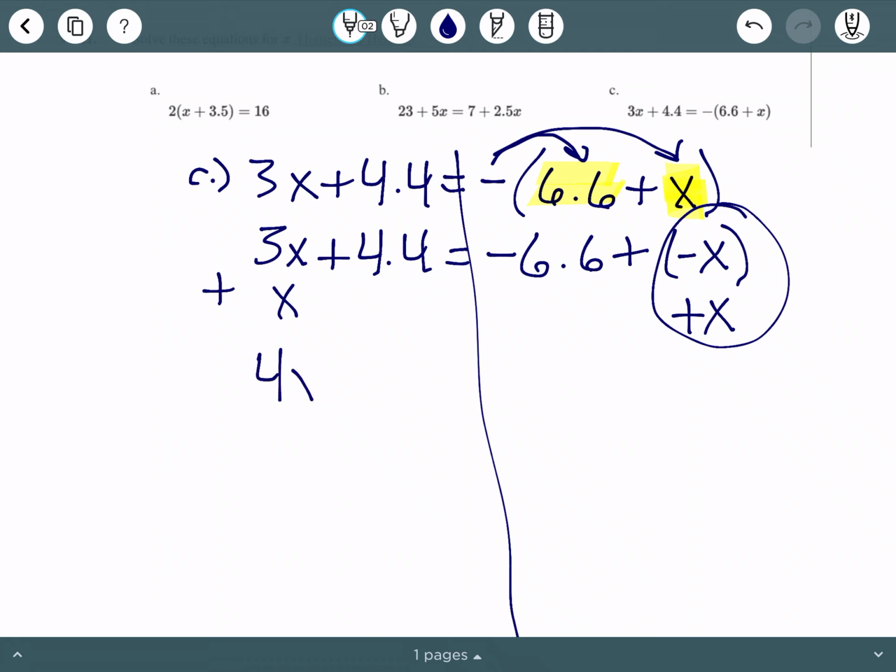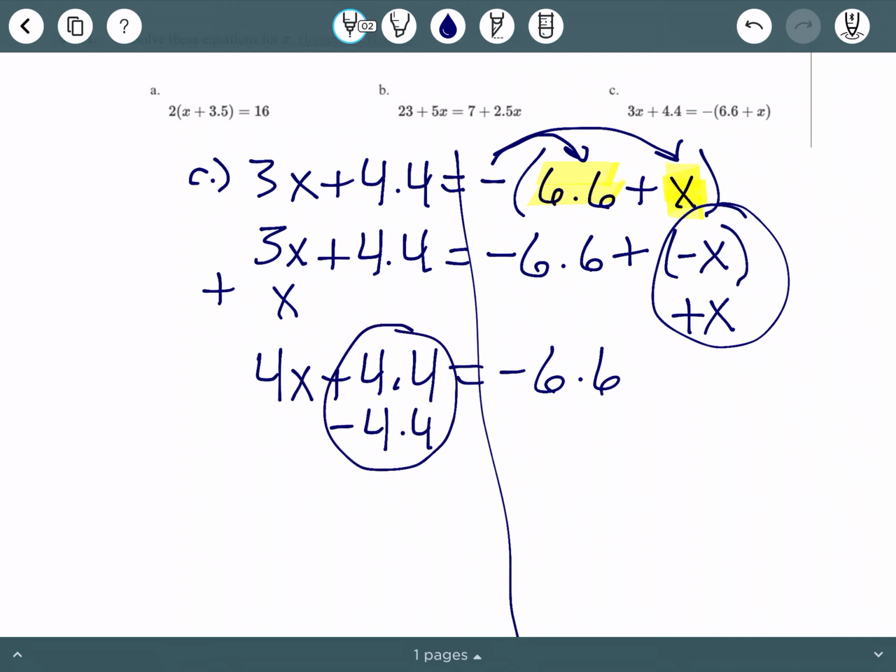So I have 4x plus 4.4 equals negative 6.6. Now I want to work on getting this 4.4 off of this side, because I want my 4x by itself. So I'm going to subtract 4.4 from each side.